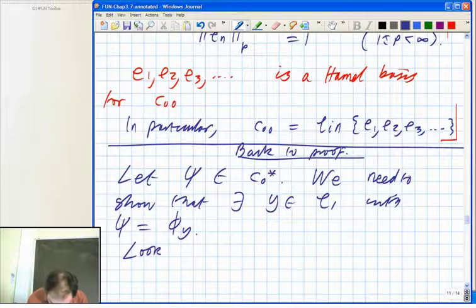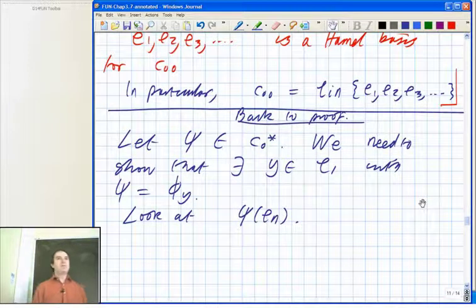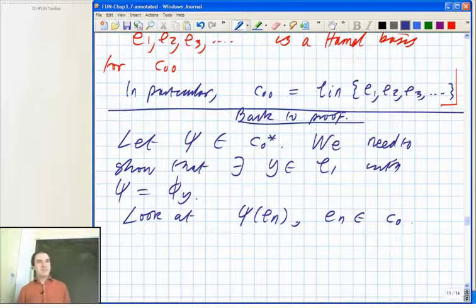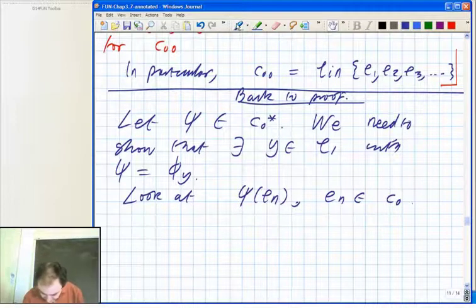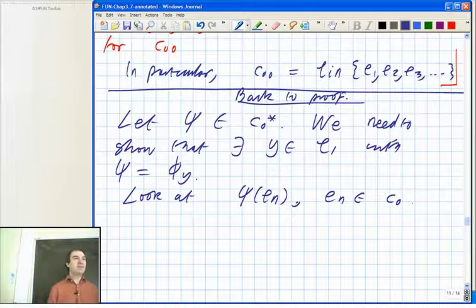Look at psi of En, where En is regarded as being in C0. Then this gives us a sequence of values which will do what we expect to happen. I mean, if you look at what phi y does to the En, it picks out the element Yn.